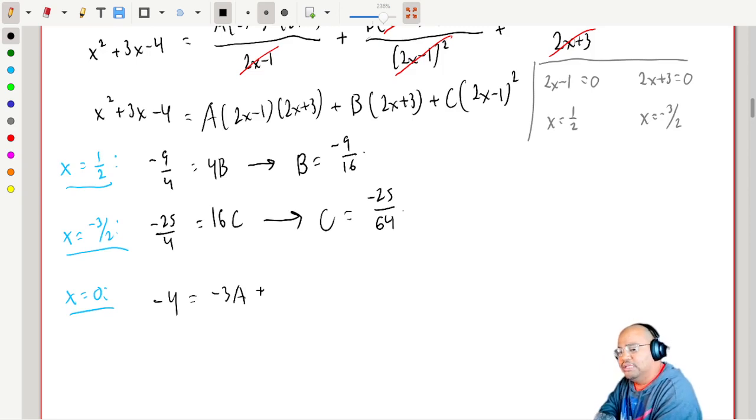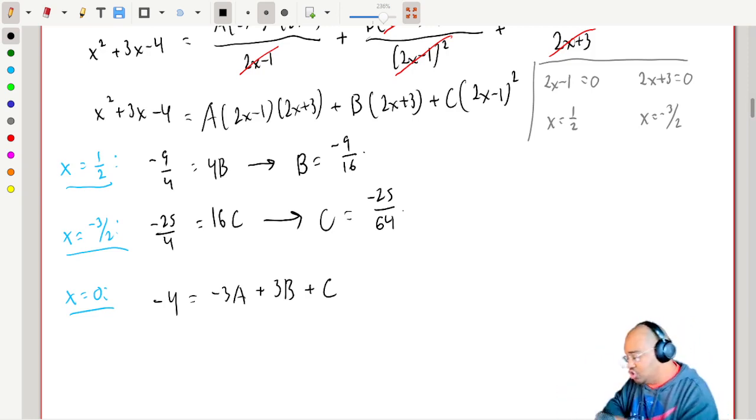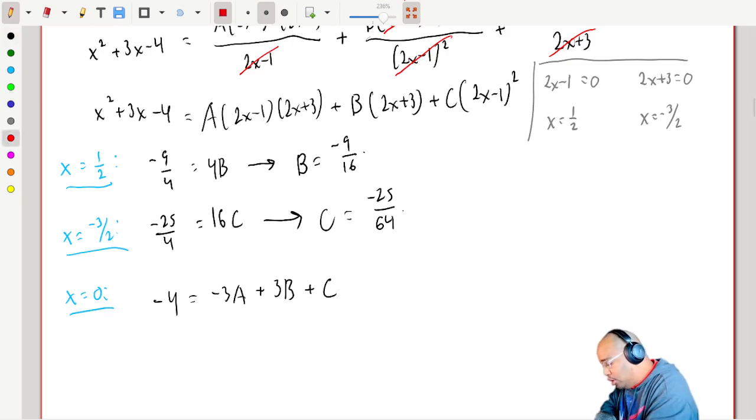So if I plug in 0 into the next bit, I get a 3b. And then plug in a 0 into the next bit, well, negative 1 squared is a positive 1. I get a plus c. Okay? Now, I already know what b and c are. So I can just go ahead and toss in those values for b and c.